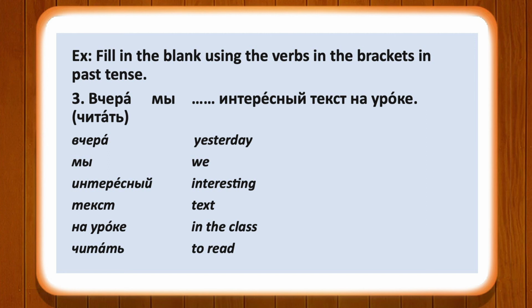The verb that you need to use is читать, which means to read, which will be conjugated in past tense according to the pronoun that is used here, which is мы. Again the plural form will be used. Вчера мы читали интересный текст на уроке.